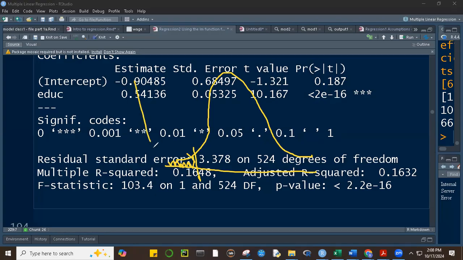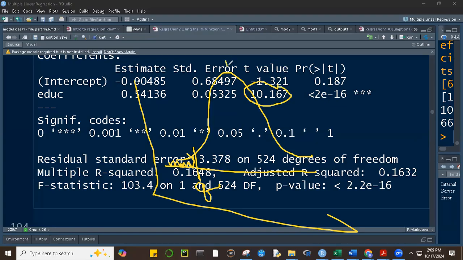So in order to compute for the p-value, class, from your basic stat, what you're determining, class, is really this one. And the t-stat, class, will start from the left. The p-value that will be given is the area under the curve. Okay, so what we have to know is what the t-stat is. Okay, and it's represented by the value q. So do we know that t-stat? Yes, class. It's 10.167 here.